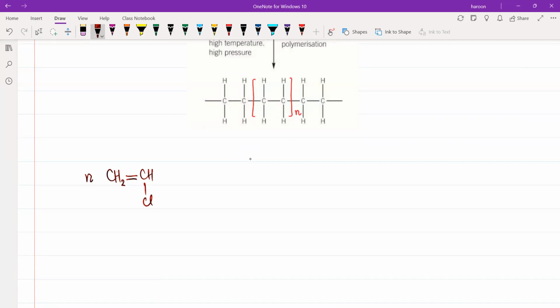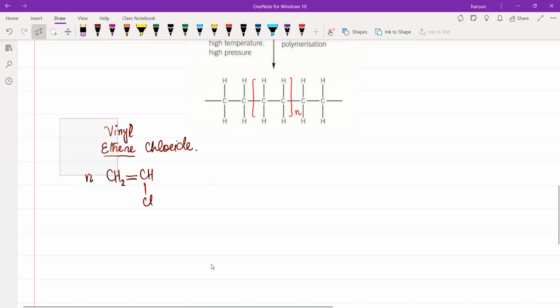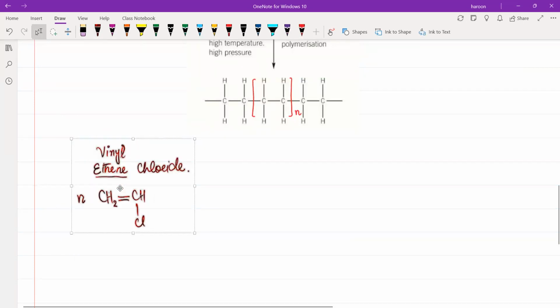When the n numbers of this ethene chloride, okay, this is ethene chloride. Generally, this ethene is also known as vinyl. The common name of this ethene is vinyl, okay?